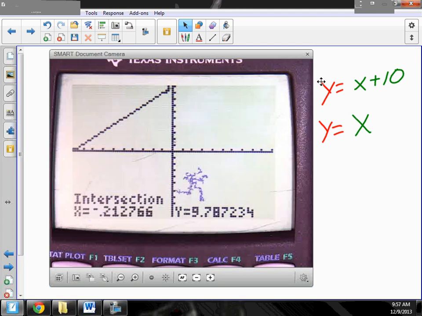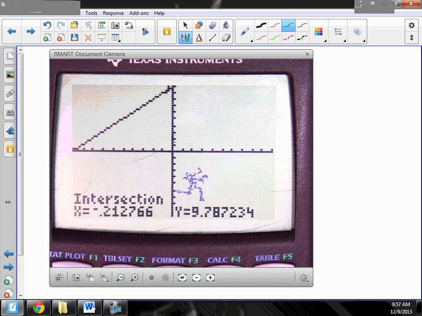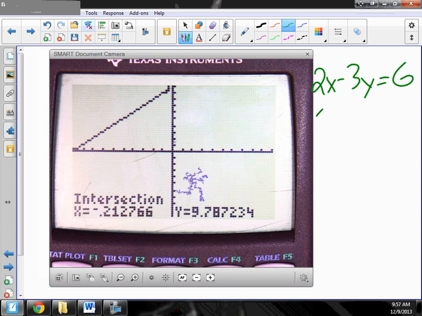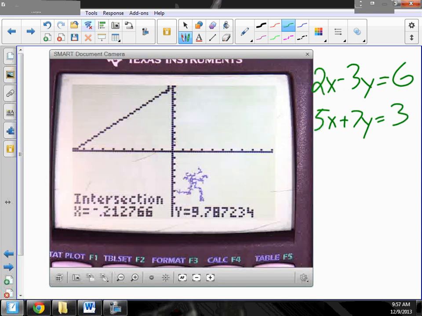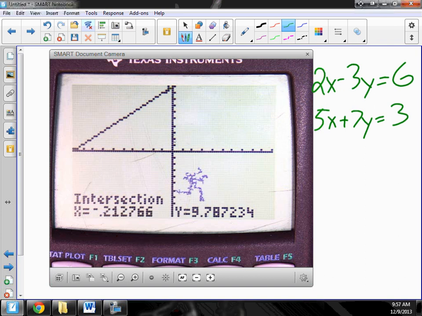All right. What if we had 2x minus 3y equals 6 and 5x plus 7y equals 3? How would I graph these to find where they intersect? You need to solve for y.